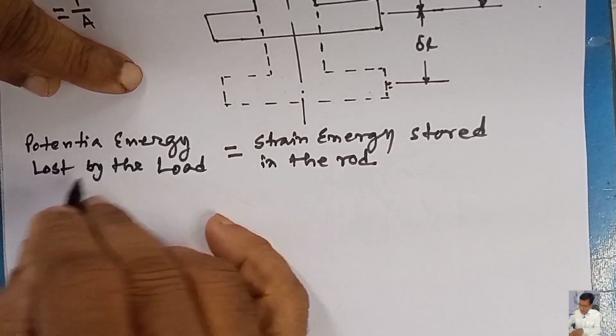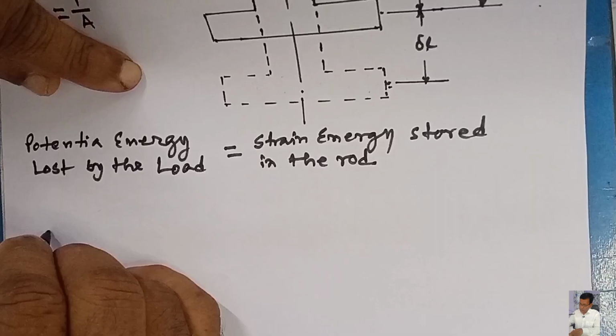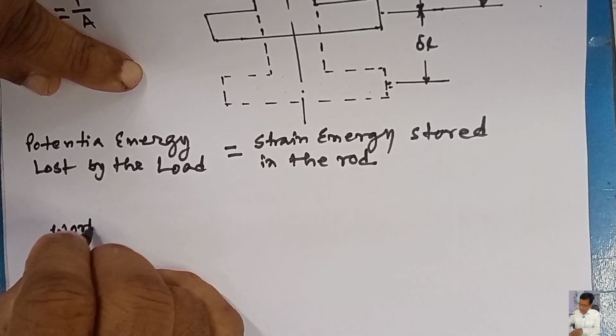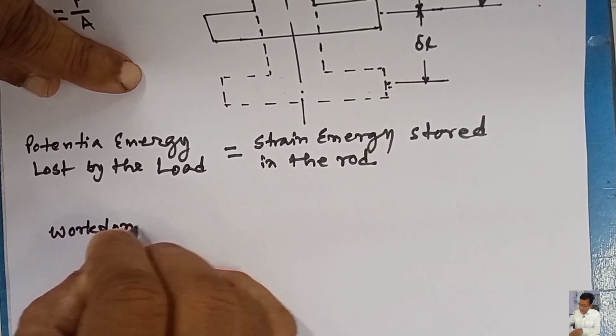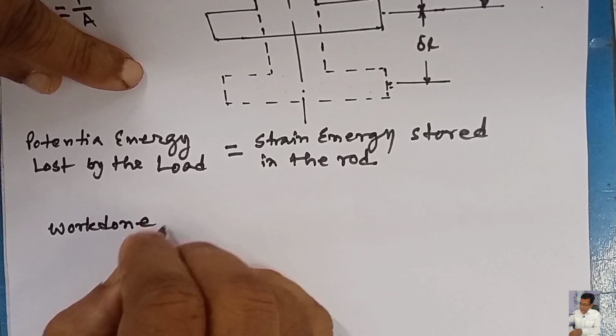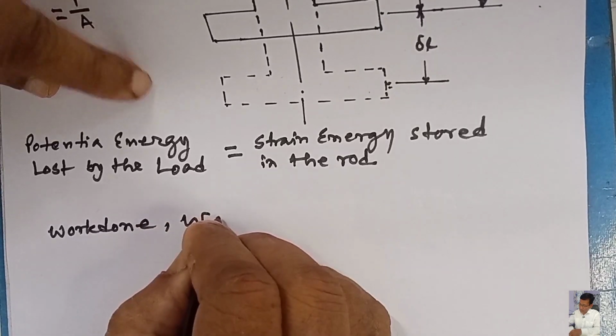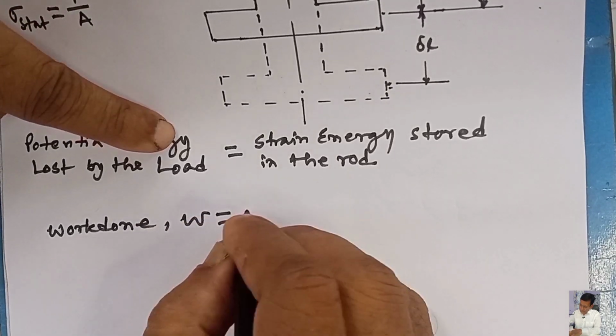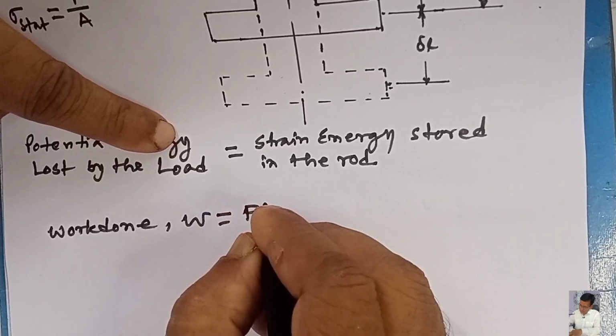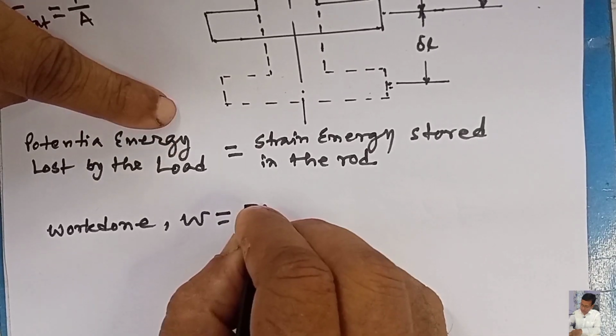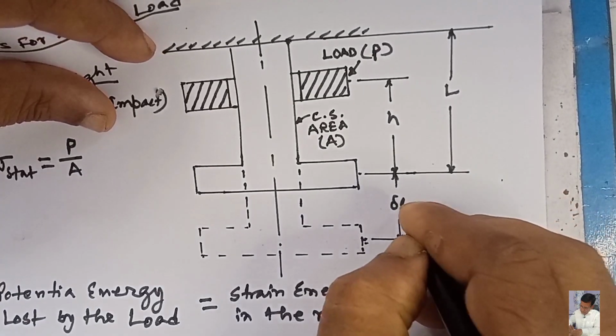Now this potential energy lost by the load is work done. W is equal to P into (H plus del L).